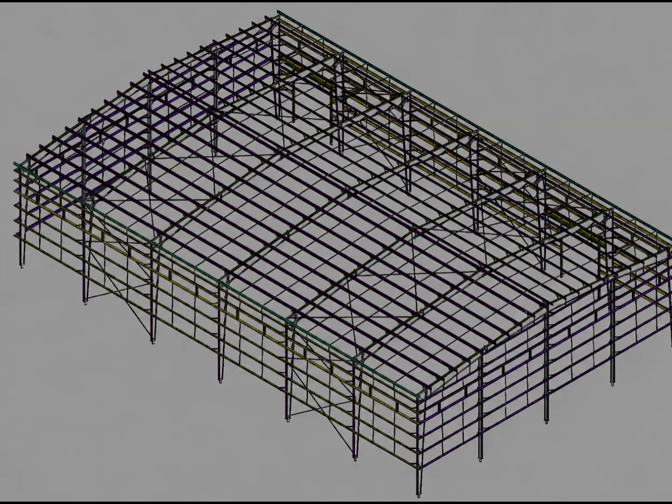At this stage, our purpose is not to identify every single member. We are only trying to understand the overall orientation of the building. Before tracing any small member in a 3D model, it is very important to understand the building direction. We have the longitudinal direction along the length of the building. We also have the transverse direction across the building width.